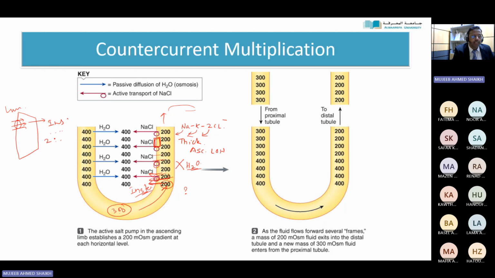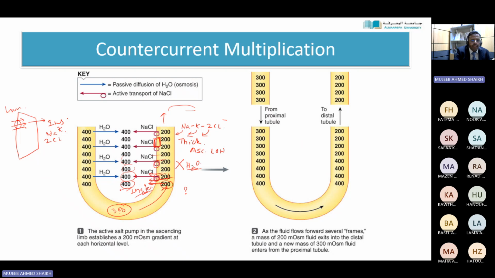So will the interstitial osmolarity remain the same, increase or decrease? Increase, because solutes are added. Previously it was 300. Now a few more are added. So let us assume that it becomes 400 in the interstitium.